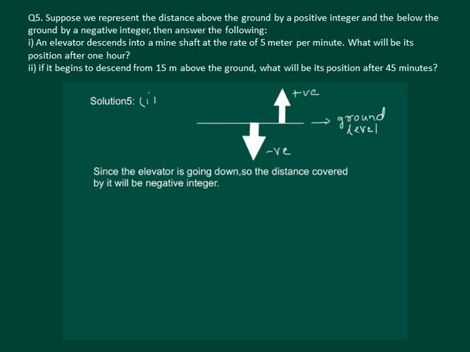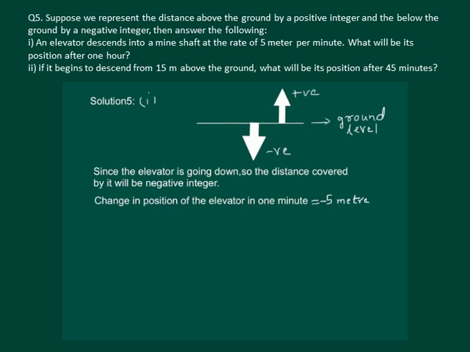Since in the first part of the question the elevator is descending into a mine, the distance covered by it will be a negative integer. It is also given that the speed is 5 meters per minute. That means change in position of the elevator in 1 minute is 5 meters. And we have to take the negative sign.